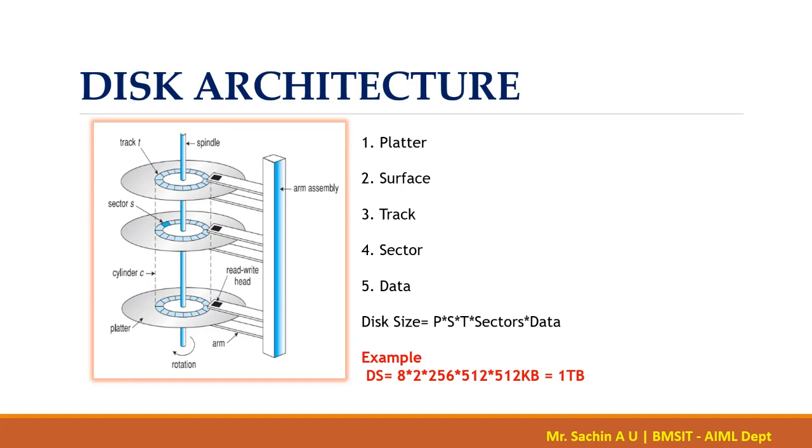When we keep the read-write head on that rotating disk, your song starts playing. The song is the data stored on that black disk, which is converted into audio signals, so you listen to the songs present on that disk.